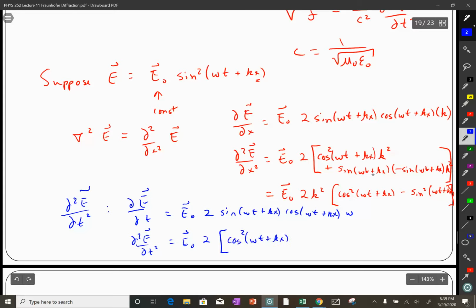And just because the work is so similar, minus sine squared of omega t plus kx times omega squared.